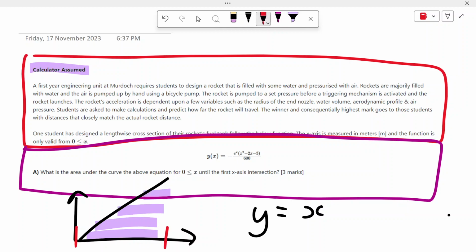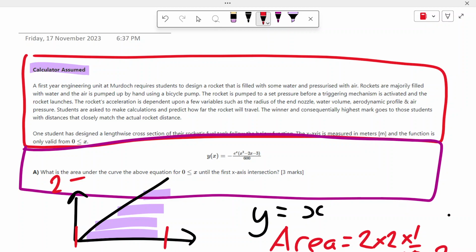You can probably figure that out because it's just a triangle, half base times height. So the area in the really simple case is going to be 2 times 2 times a half. The answer is 2 units squared.